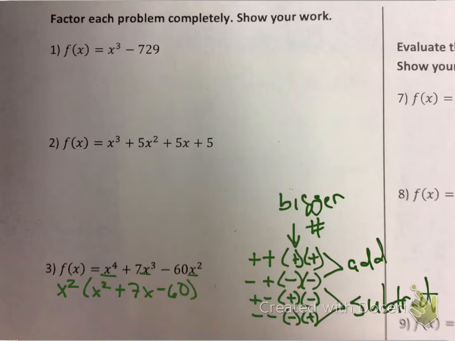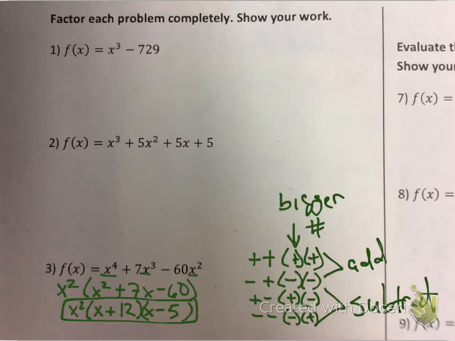This in parentheses is quadratic form. So I can split it up into 2 separate parentheses, x and x, plus minus is plus minus, 2 numbers that multiply to give you 60 and subtract to give you 7: 12 and 5. And now I have this fully factored out, and there's my answer. Yippee. Keep those in mind.